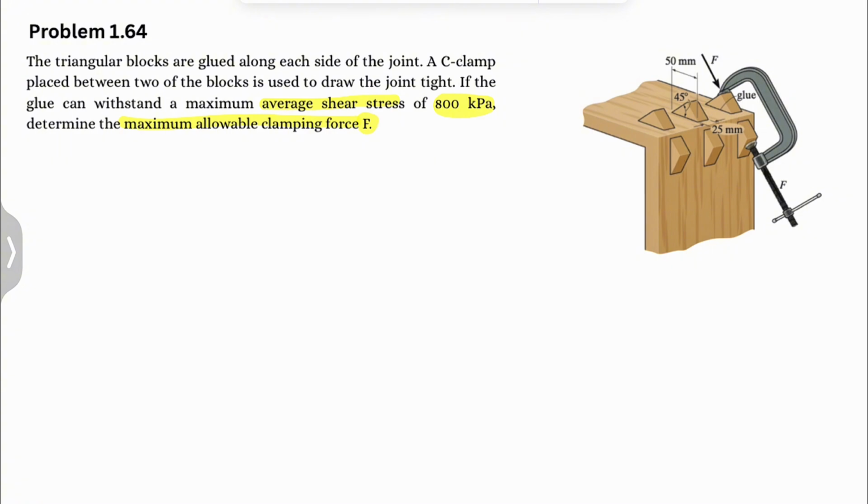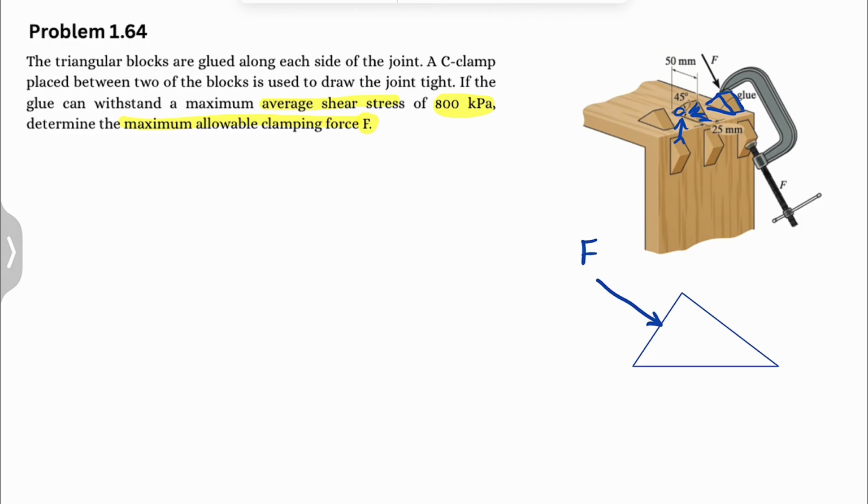So basically we have to figure out the shearing force that is applied on each of the triangular blocks. We can draw the free body diagram for one of them. Maybe we can just pick this one, and if we look at it from this side, we're going to see the triangle where the force F is applied.